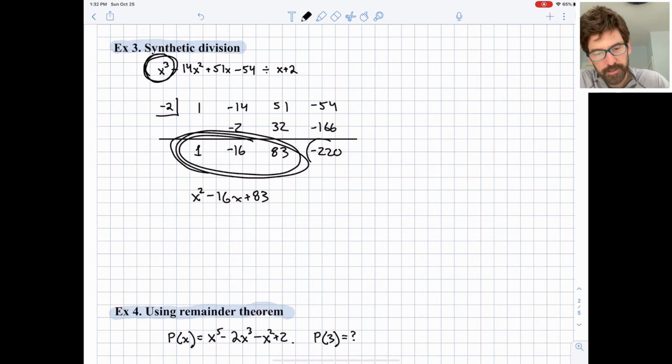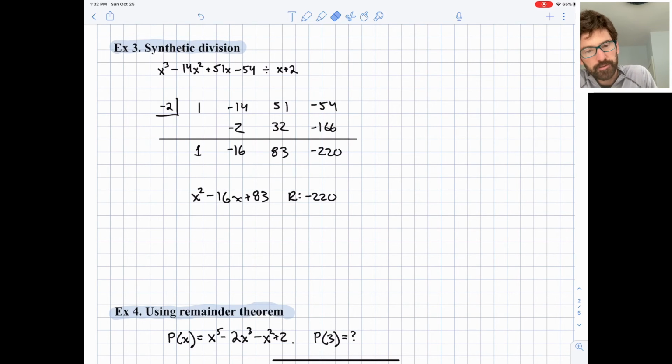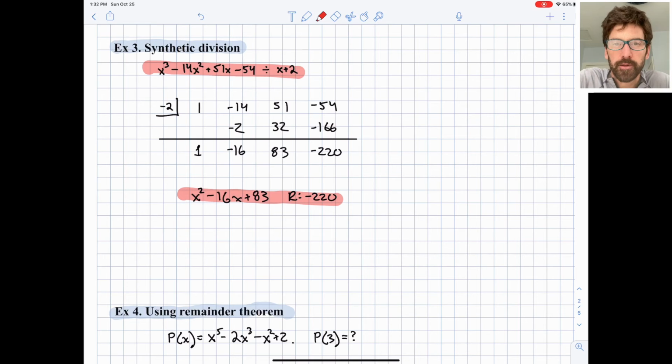And this term at the end is our remainder. Okay, our remainder is negative 220. So this is our solution to the problem right here. The solution to this problem is x squared minus 16x plus 83 with a remainder of negative 220.